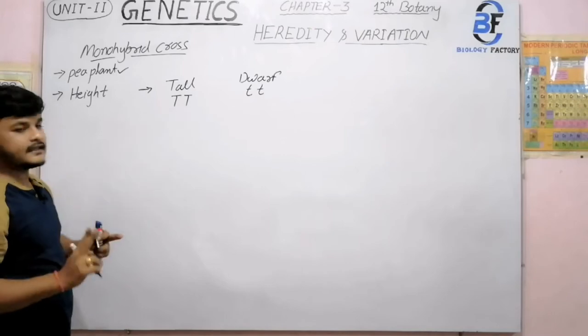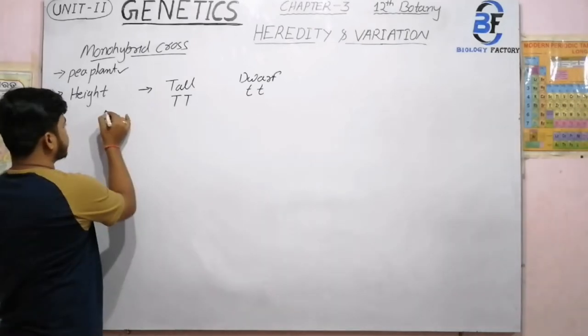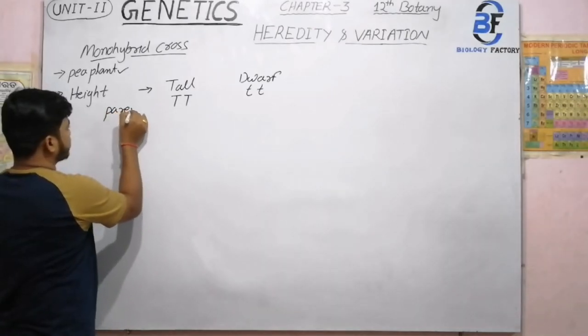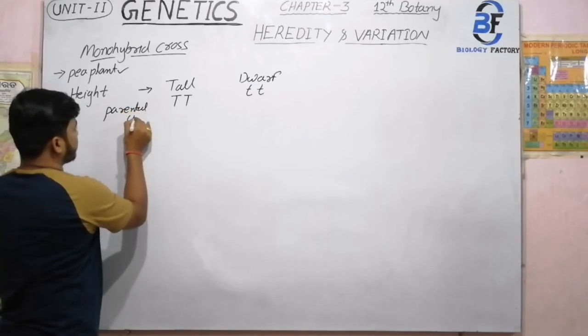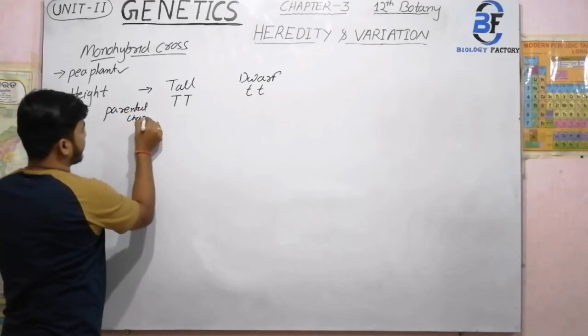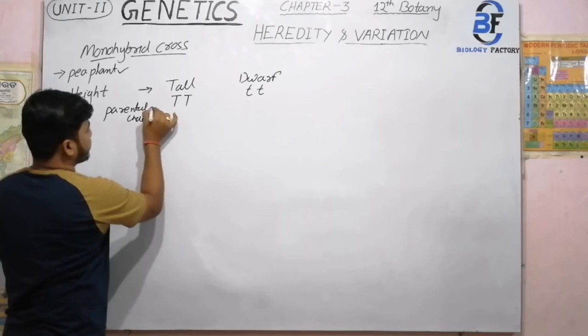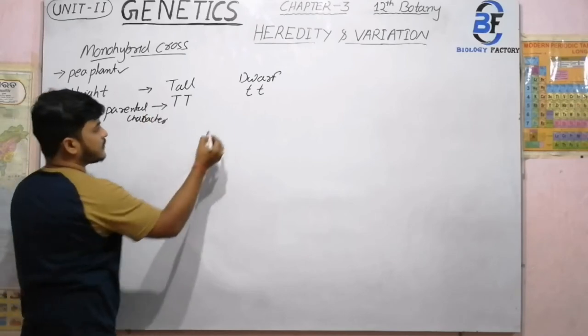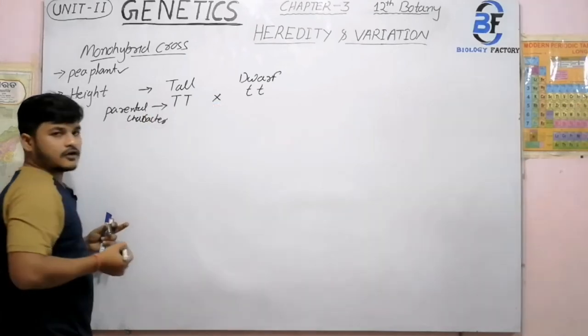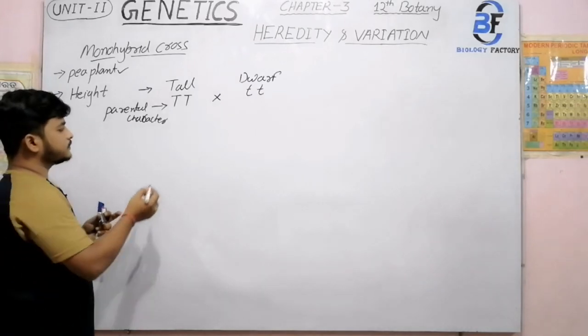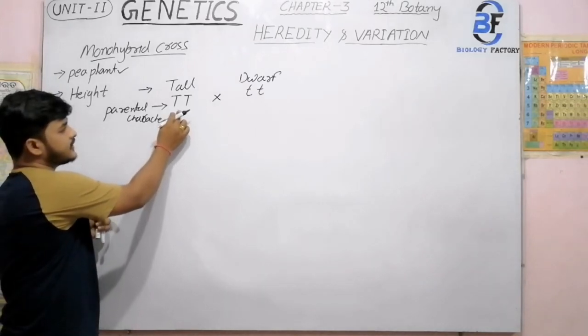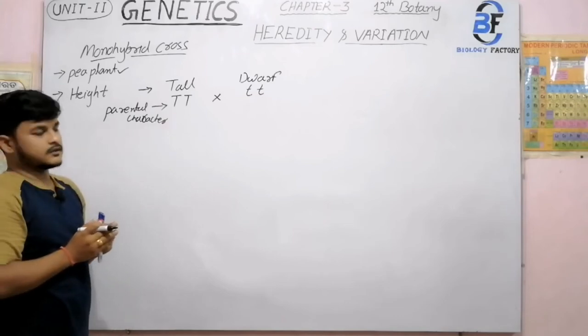Next, the cross takes place, and these are the parents. Here is the parental character, and we cross the parental characters. Next, the gametes are formed.